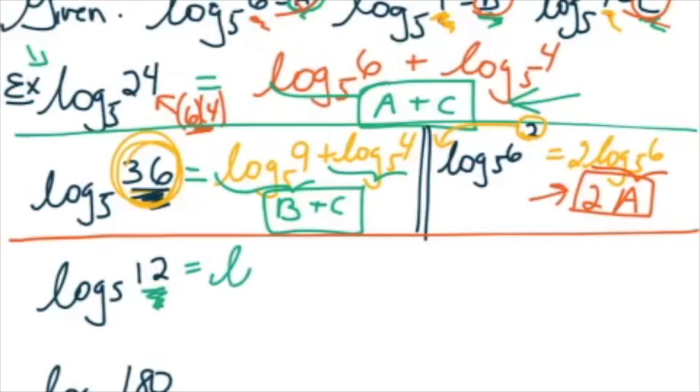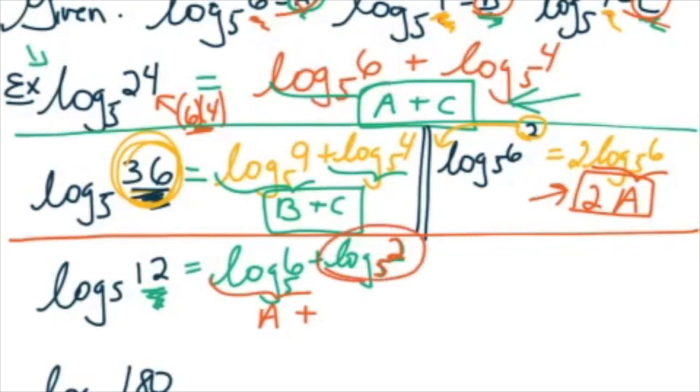You know that the log of 6 plus the log of 2 could get me the log of 12, true? The kicker, though, is you're looking at this log of 2 base 5. You got the log of 6 base 5, that's a. We've got that. We're good with that stuff. But the log of 2 base 5 isn't necessarily a 6, a 9, or a 4.